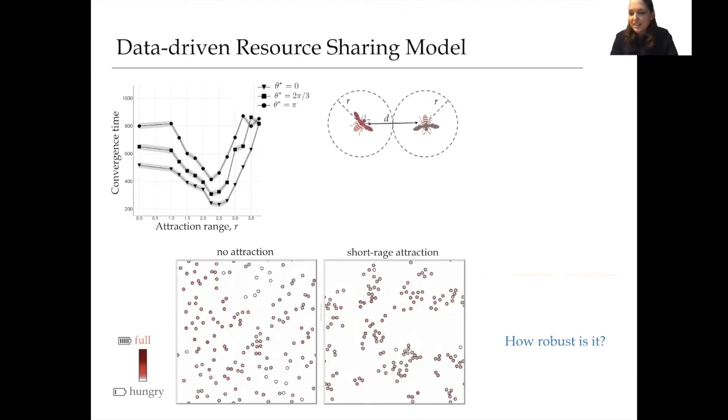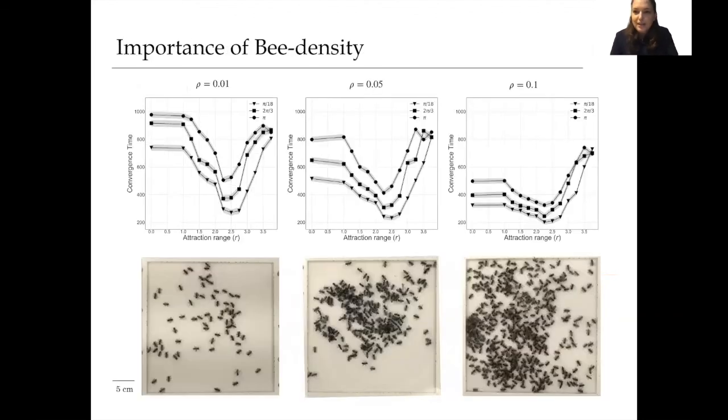The bees can exist in many different densities. So we can quantify how the density would affect that dip in the convergence time as a function of the attraction range. Here you see it for 3 different densities. And this is more of an outlook, but these simulation results are currently guiding a new set of experiments in the lab, where we're also changing the density.